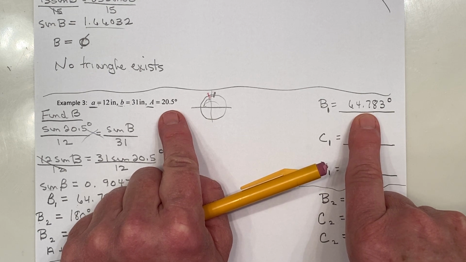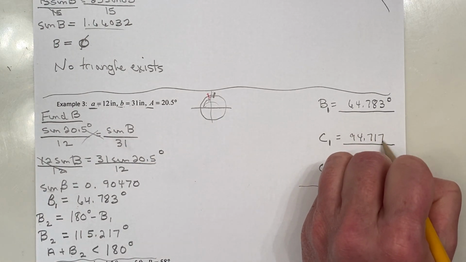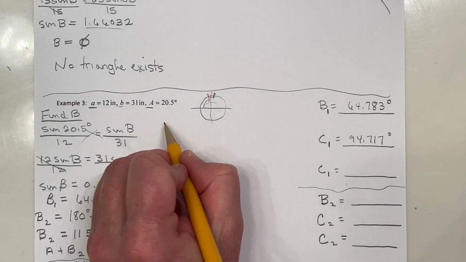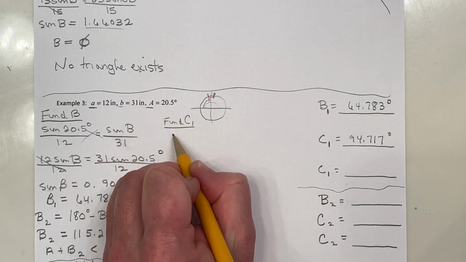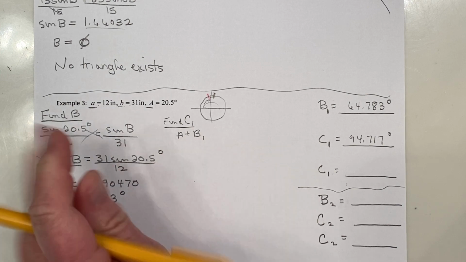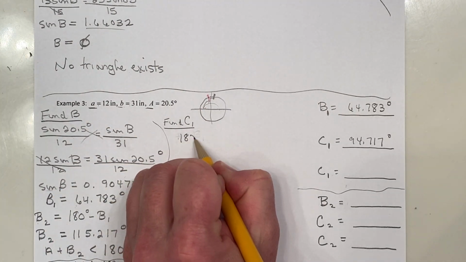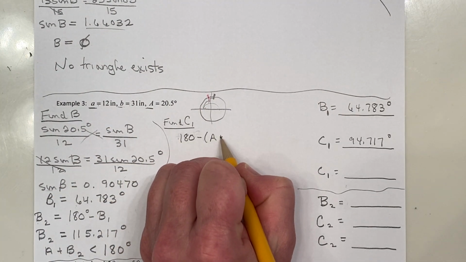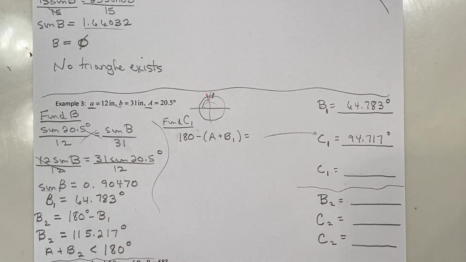When you add those 2 together and subtract from 180, you're going to get 94.717 degrees. So again, to find C sub 1, you're going to add A plus B sub 1 and subtract from 180. So 180 minus A plus B sub 1 is equal to that angle.